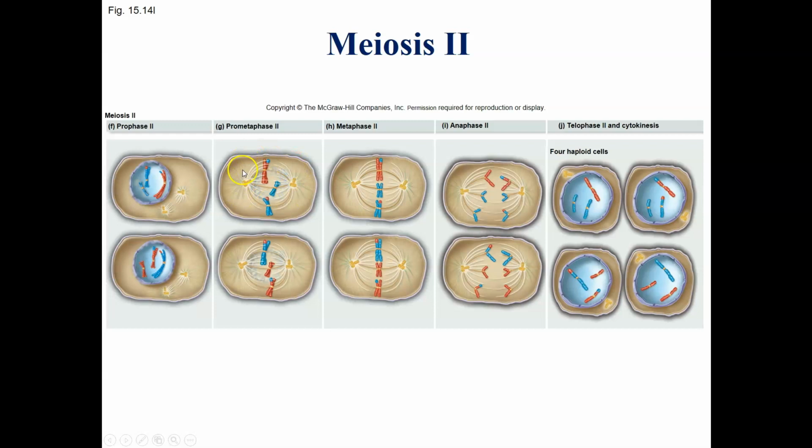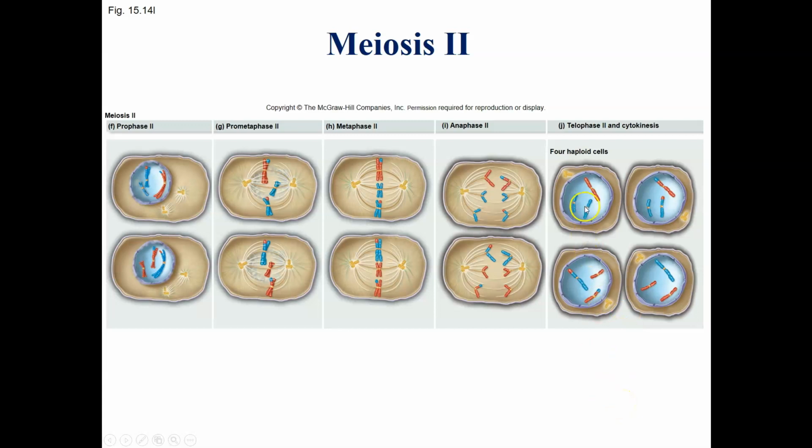During prometaphase, we're going to have the loss of that nuclear envelope, and the kinetochore is going to get attached here to those microtubules. We're going to pull back and forth until we line up those chromosomes at the metaphase plate. And then those sister chromatids are going to get pulled apart during anaphase, and then ultimately we're going to reform our nuclear envelope and cytokinesis will be complete.